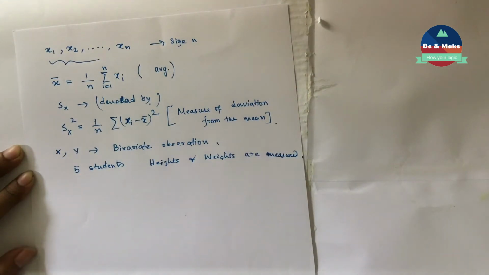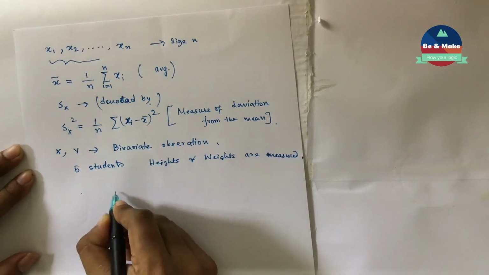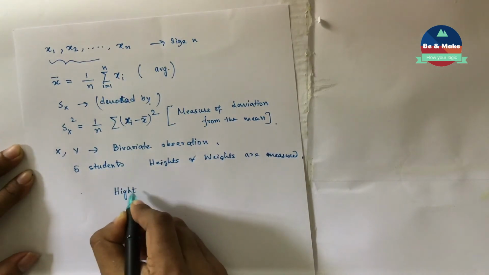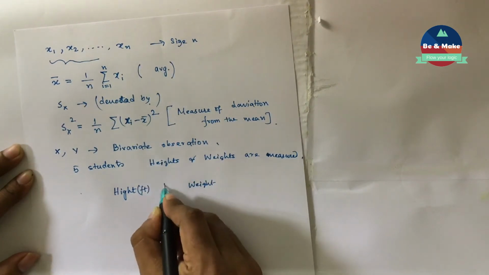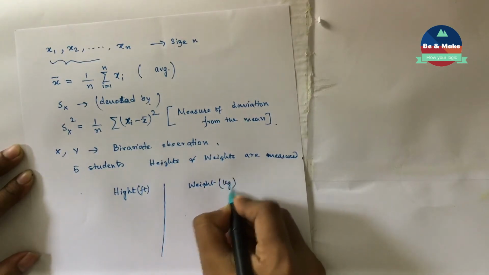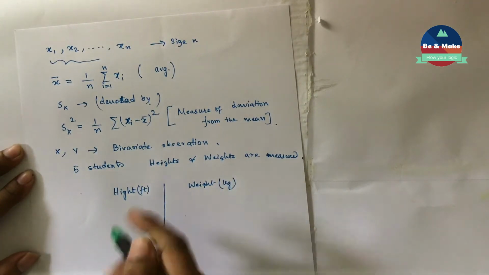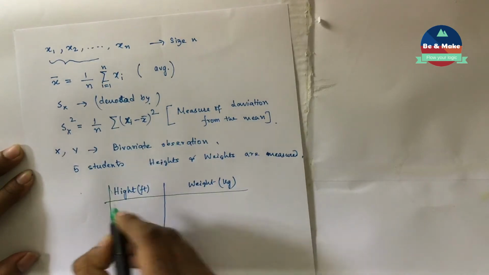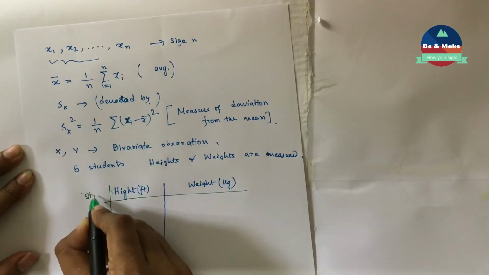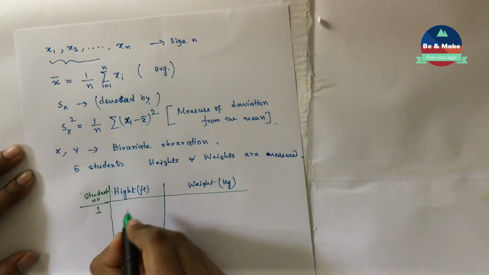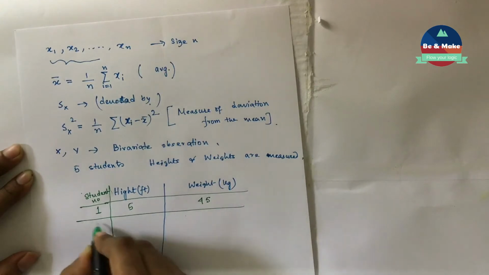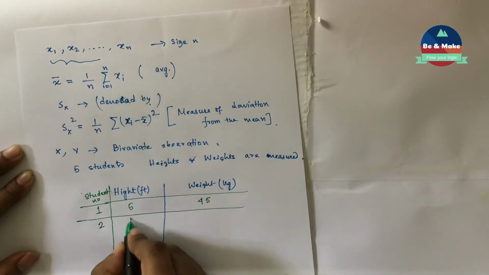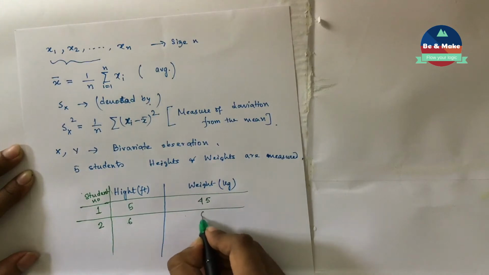The data looks like this: height in feet and weight in kg, for each student number. Student number 1 has 5 feet height and weight 45 kg, whereas student number 2 has 6 feet and weight 60 kg.